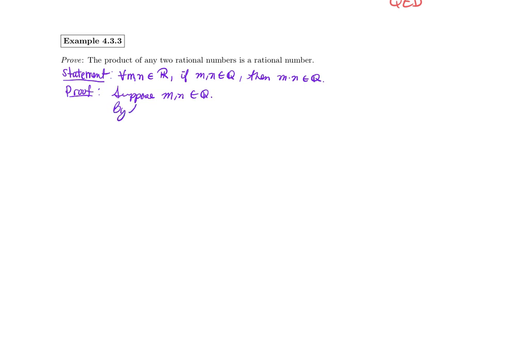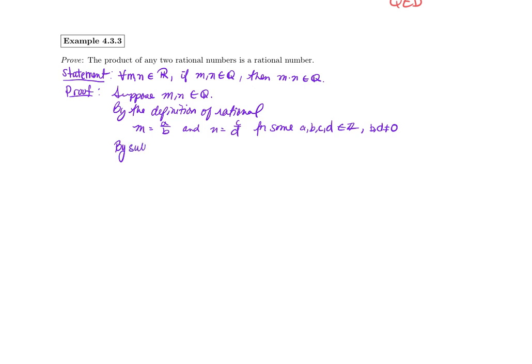So by the definition of rational, we know then that m is equal to a over b and n is equal to c over d for some a, b, c, and d that are all integers, and we know that b and d cannot be zero, all still based on the definition of rationals.